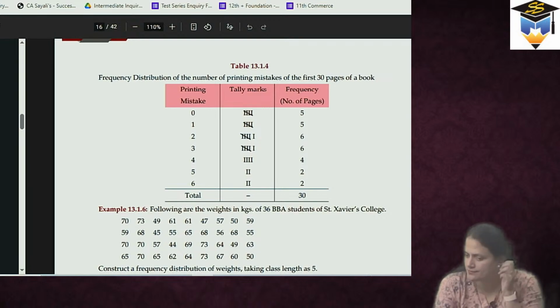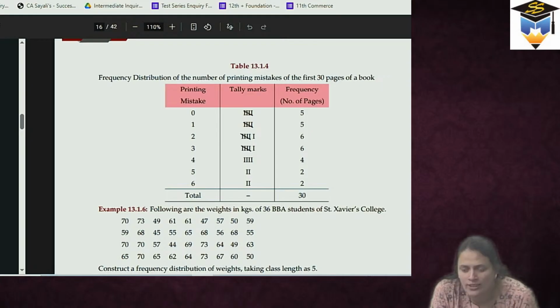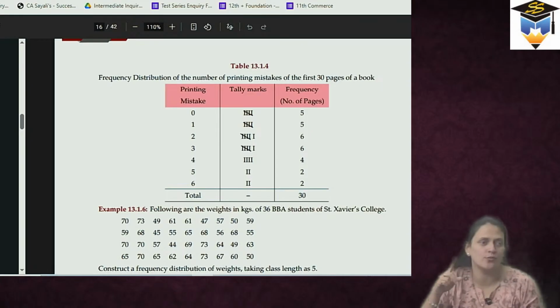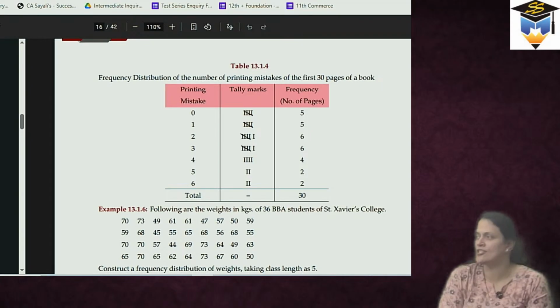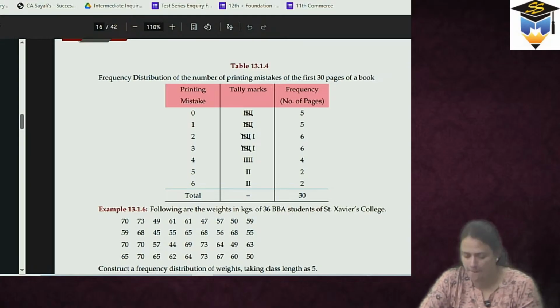उसके बाद 45 कितने बार आया है? सो 44 हैज कम ओनली वंस. सो इट्स टैली मार्क इज 1. Do it. Chalo, I'll check. So we'll be doing it after you finish doing it. I'll explain or we can discuss.